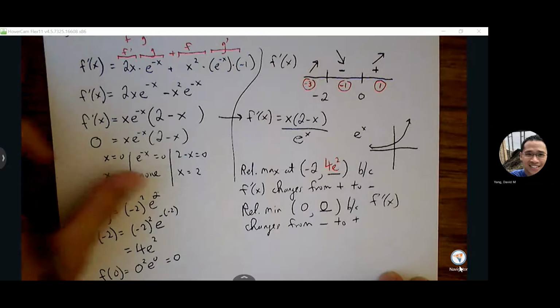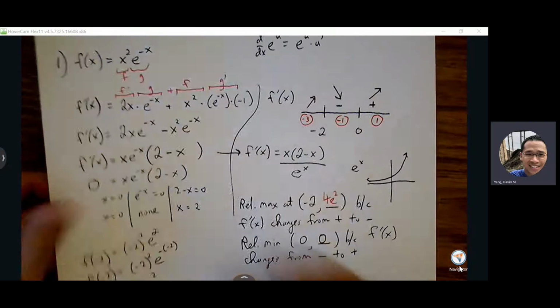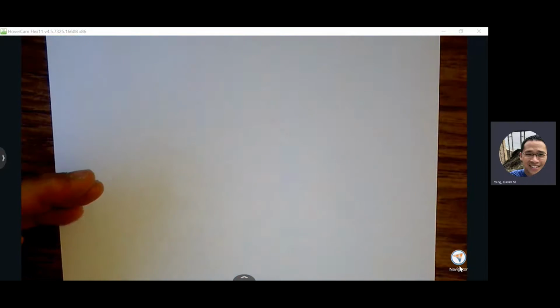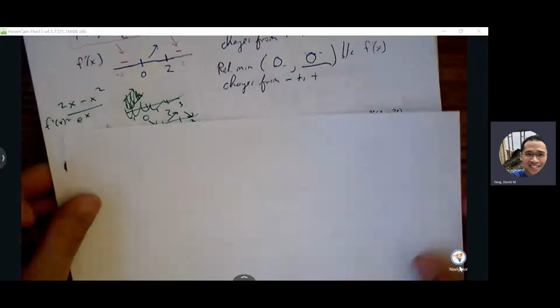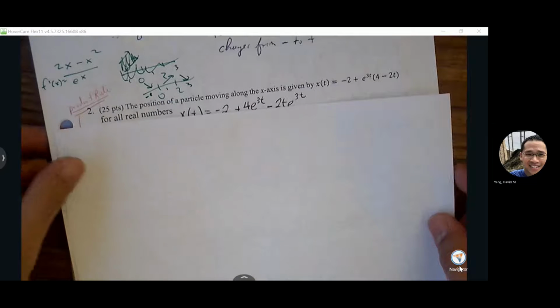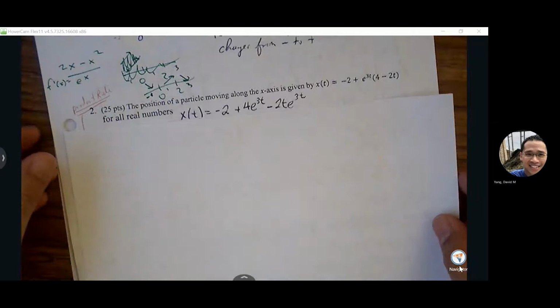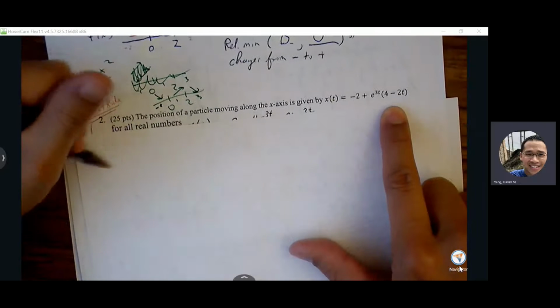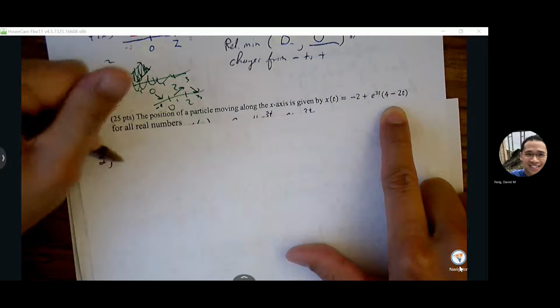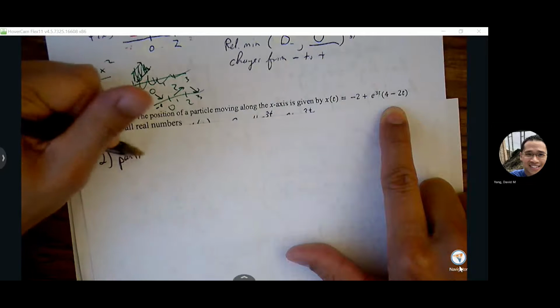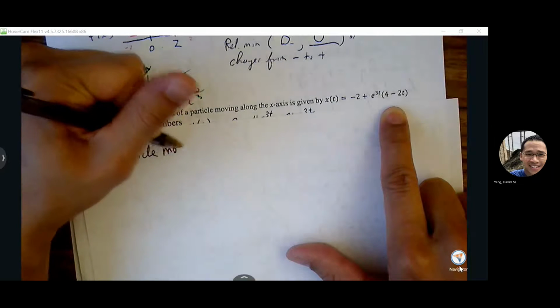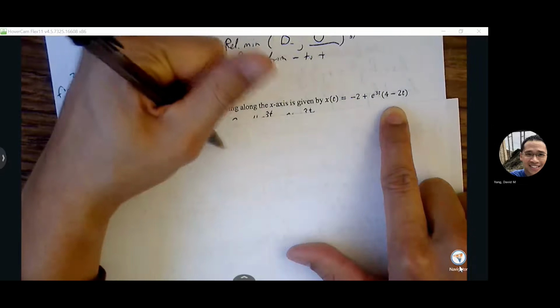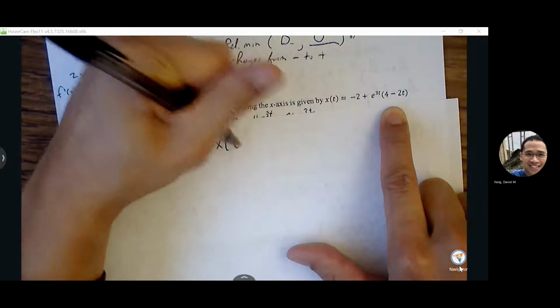Okay, good. All right, here's number 2. This is a particle motion problem. Position.